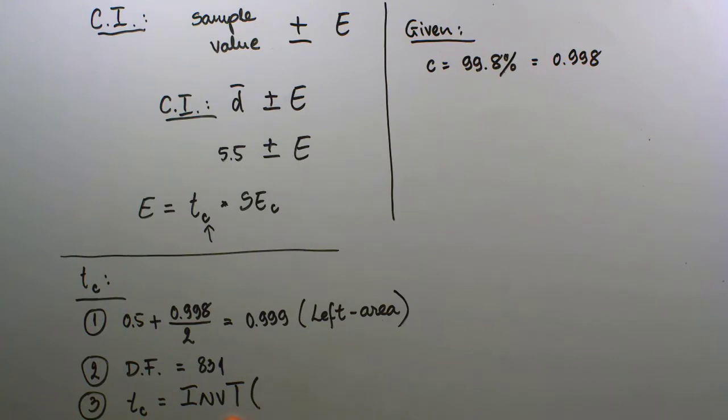Most of the time, when you run this on any calculator, it doesn't have to be a TI-83 or 84, the INVT command will first ask for area left, and after that it will ask for degrees of freedom. And usually this command is executed with the two values separated by a comma.